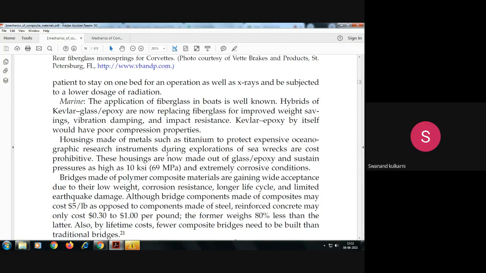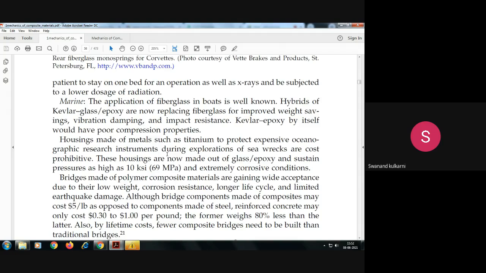But for polymer matrix composite, the largest advantage is corrosion resistance, because in metals, an oxidation process happens, and due to the oxidation, corrosion happens. In polymers, oxidation doesn't happen. There is no chemical reaction of polymer with oxygen to cause corrosion.